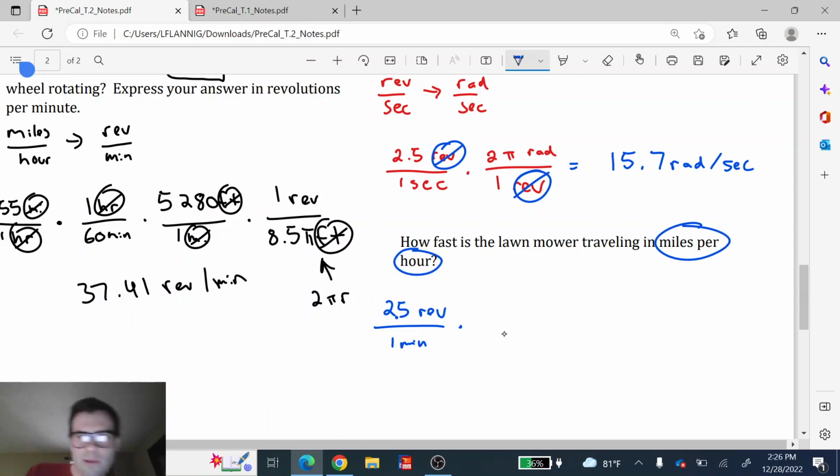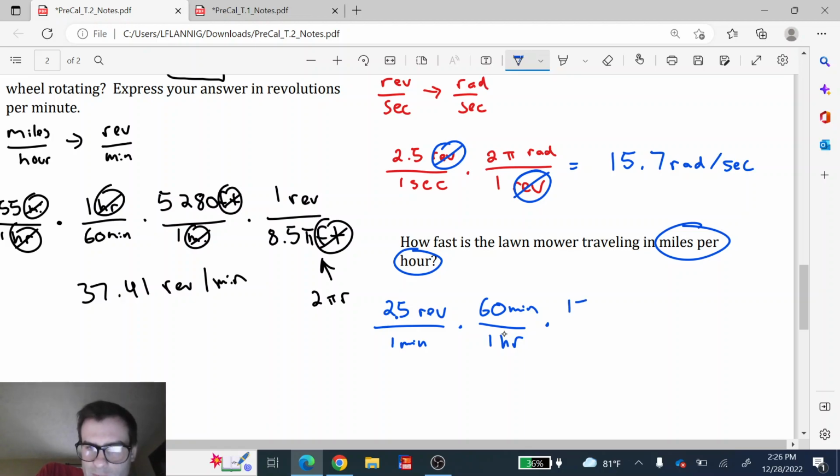So first I'm going to convert my minutes into hours by doing 60 minutes for every 1 hour. And I want to convert my revolutions to miles, but before you do that, you need to do the conversion into inches, because that's what you're given.